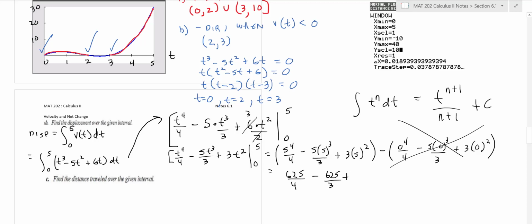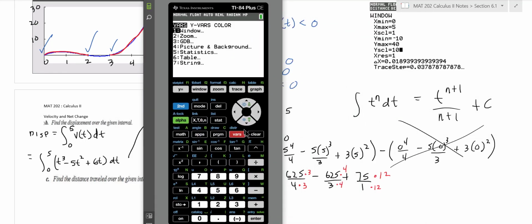And then this is 25 times 3, so that's 75. So I'm just going to get common denominators on this. I'm going to put this over 1. I'm going to remind you how you can do this on the calculator also. Common denominator of 12. Multiply that by 3 over 3. Multiply this by 4 over 4. Multiply this by 12 over 12. You get into big numbers, so you want to use your calculator on this.